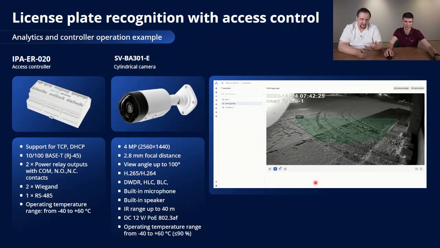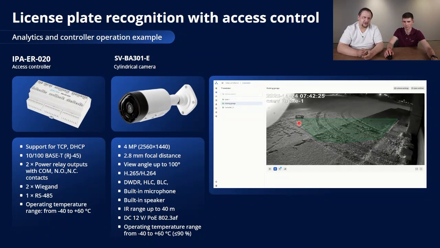There is a zone set on the camera, and when a car enters the zone, its number is recognized and the door to a garage is opened. The number was previously added to a database, and when analytics sees this number in the zone and compares it to the number in the database, it sends a signal to a controller and the garage door is opened.